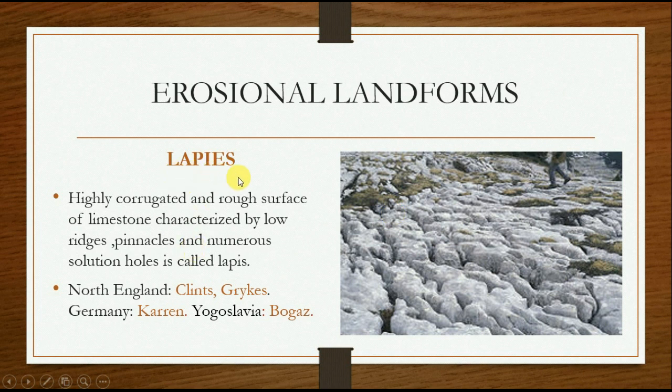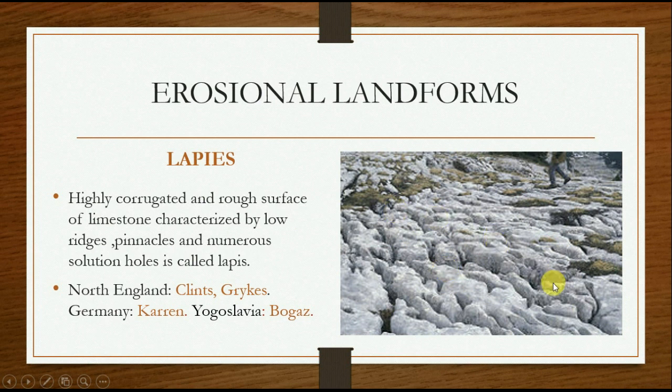Lapis. Lapis is a kind of erosional landform that is a consequence of karst topography. How does lapis look? It is a highly corrugated and rough surface, as you can see in this picture, characterized by limestone or gypsum with ridge-like features and numerous solution holes.